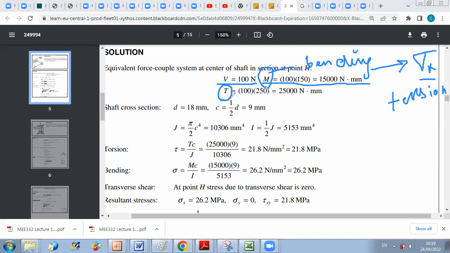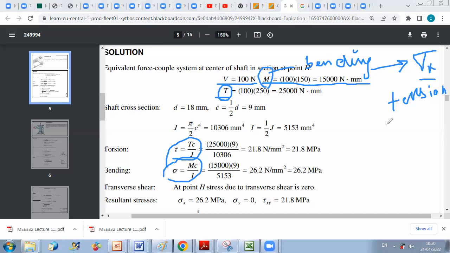The torsion moment will lead to the creation of shear stress. So since we have a torsion moment, this will lead to the creation of a shear stress on our face of interest. So we have tau equals Tc over J, and sigma is Mc over I. So we have found sigma and tau.